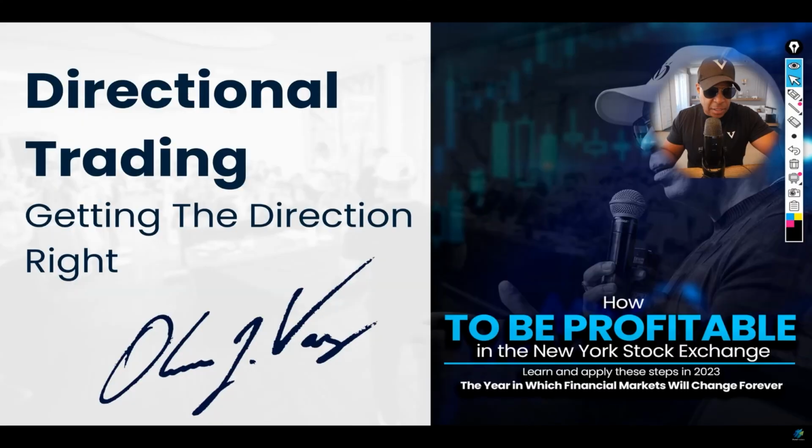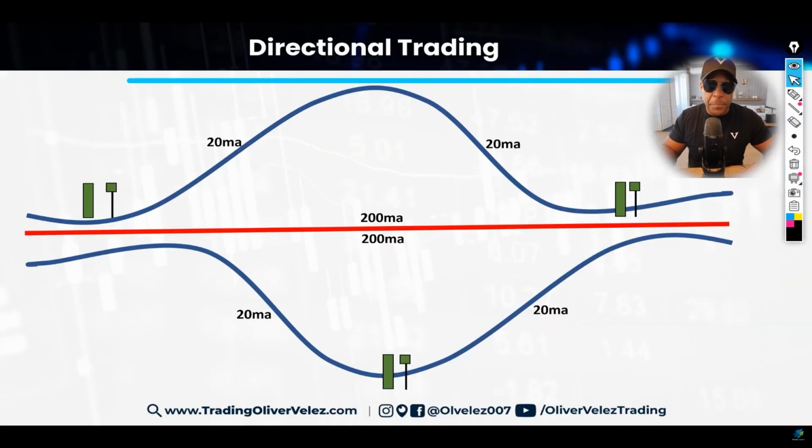But you can't be okay very often if you get the direction wrong. So it all comes down to how good you are at directional trading, because it all starts there. You've got to get the direction right most of the time. All right, let's go. This is going to do it for you. Boom. Now, directional trading.